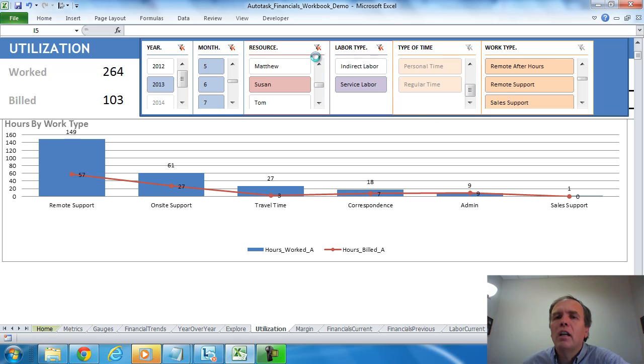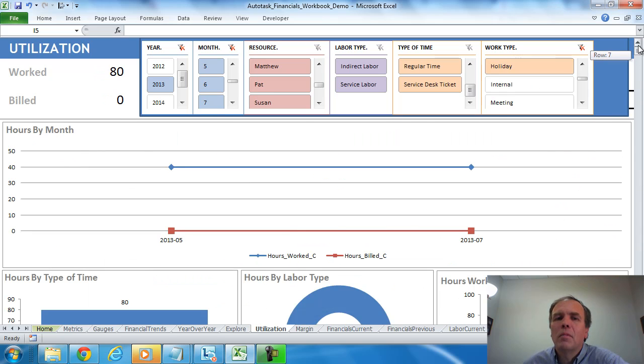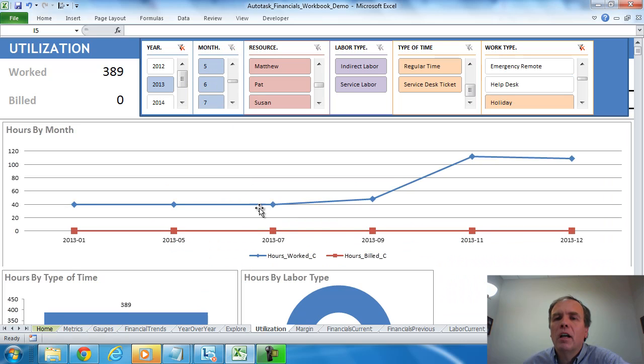If I didn't want to look at an individual, I could say I'm interested in holiday time. Okay, so show me all of the holiday time over the course of that period, and I can see there was 40 hours that was in May, and there was 40 hours that was in July. Maybe I want to open that up, and I want to look at the course of the year, and I can kind of see, as I would expect, people are going to take some more time over the holidays, so the time went up.